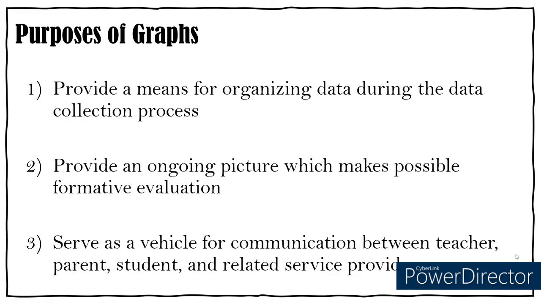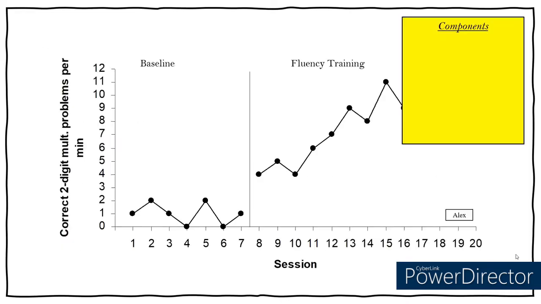And lastly, it serves as a really good vehicle for communication between anybody that's involved with the intervention. So, the teacher, the parent, student, etc., if we have this really clear graph that has organized the data, that provides a visual representation of what's going on.